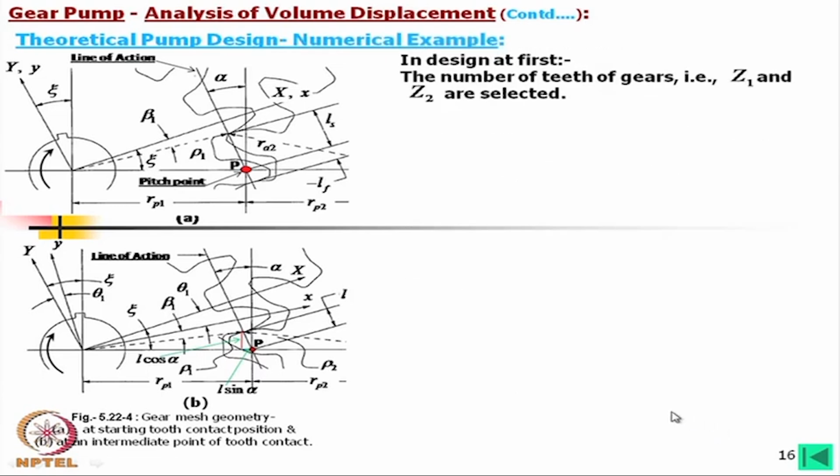Now, in design, at first the number of teeth of the gears are selected. That means, in non-dimensional analysis also we will first be tempted to take Z 1 equal to Z 2, and we can start with, say, the teeth number for 20 degree.